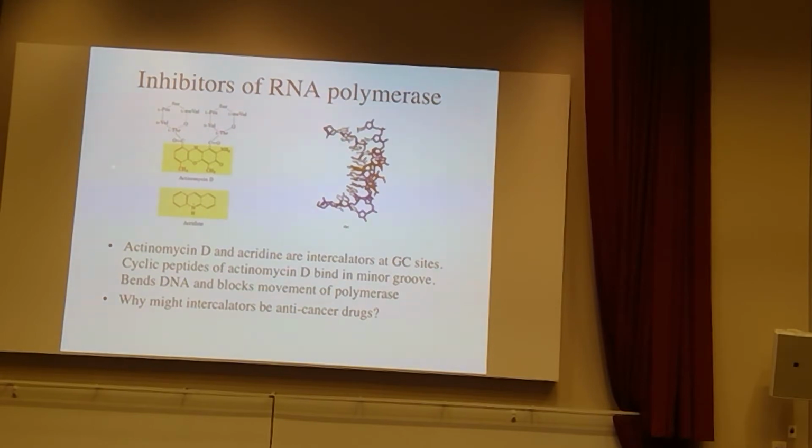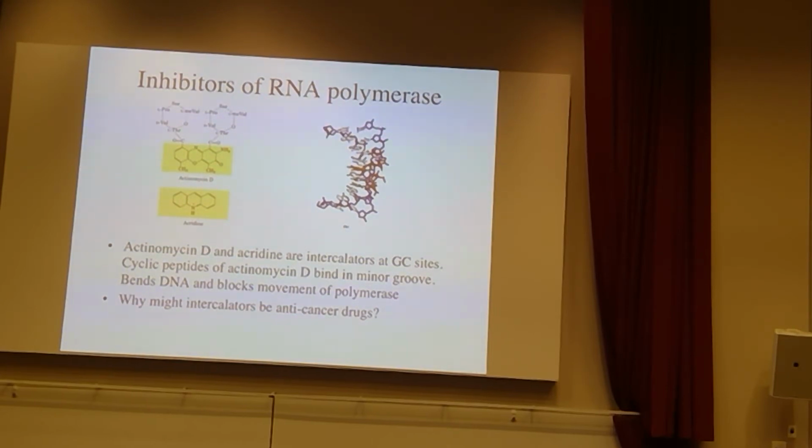We took a look before at these so-called intercalators, these aromatic small molecules that can sit within a DNA base pair, and some of these are shown right here. This acridine, this is actinomycin D, and these sit in the DNA, they bend the DNA, and they block the movement of the polymerase. And so these types of molecules have been explored and used as anti-cancer drugs.